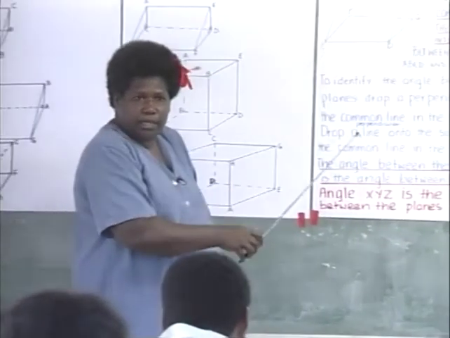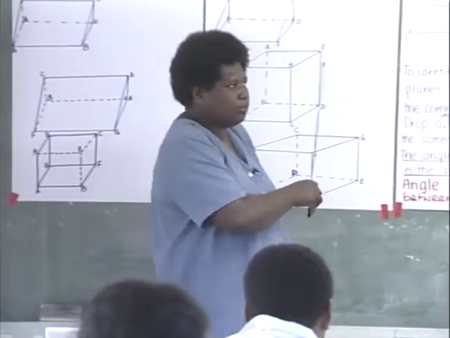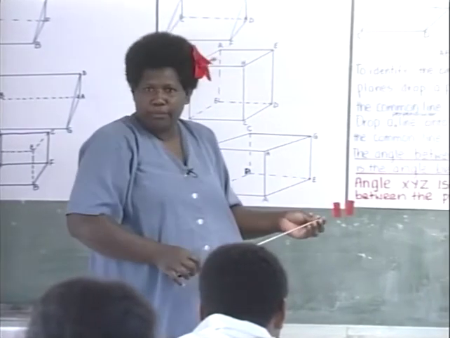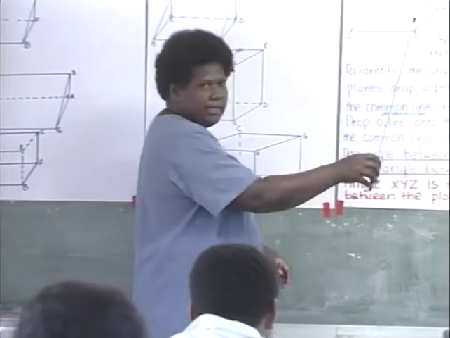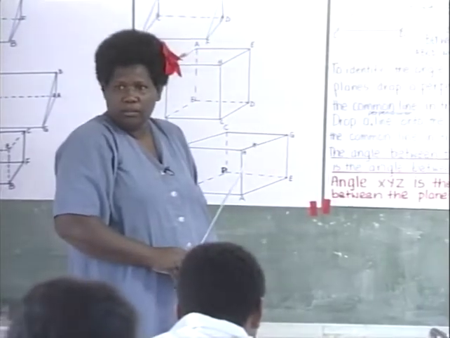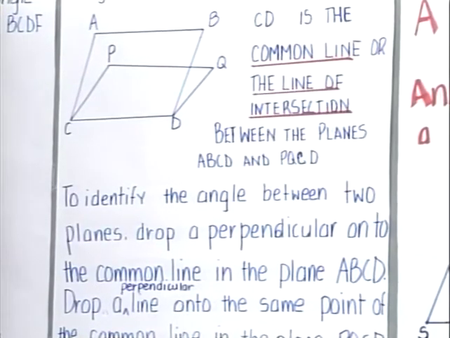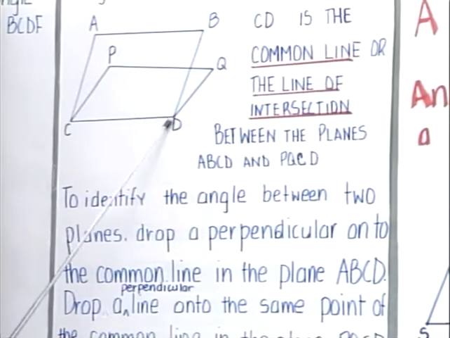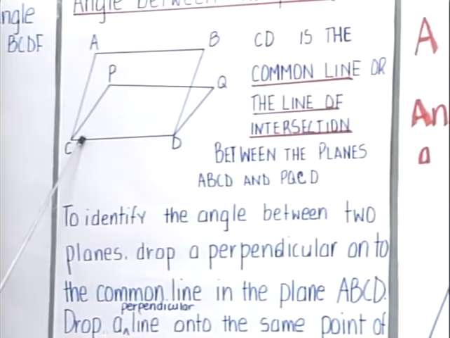That would be the common line where the two planes meet. It would also be called the line of intersection of the blackboard and the side wall. So before you identify the angle between two planes, you must know where the line of intersection is. So this line CD is actually the line of intersection between the planes ABCD and PQCD.